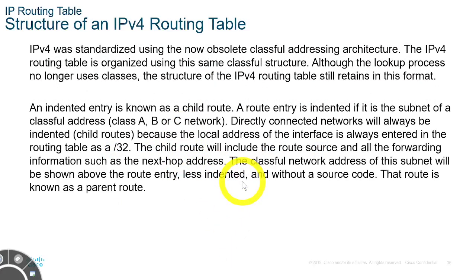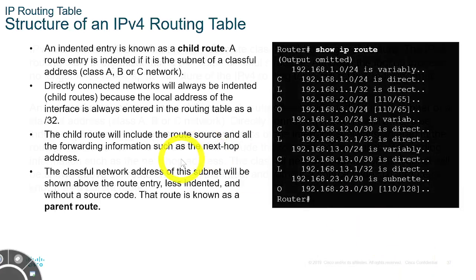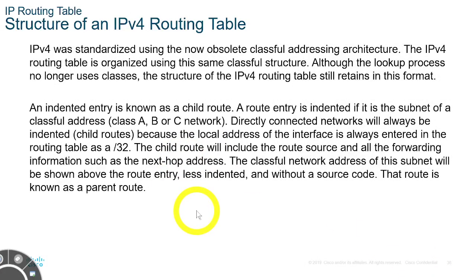Structure of an IP version 4 routing table. You know, in classful addressing architecture, we don't use CIDR. I mean, we only use /8, /16, /24, or /32. This is the classful addressing architecture.